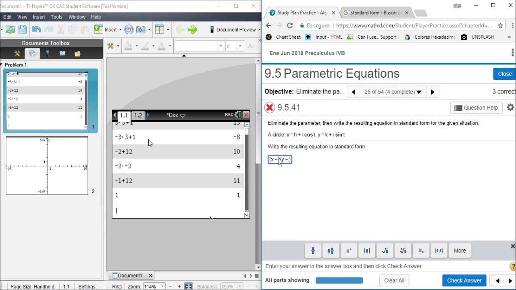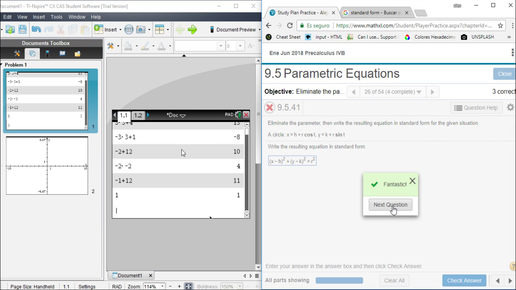The first one says h, and the other one k. And this one's plus, and both of these equal the radius of the circle squared, and both of these are squared. And this question is correct. Next question.